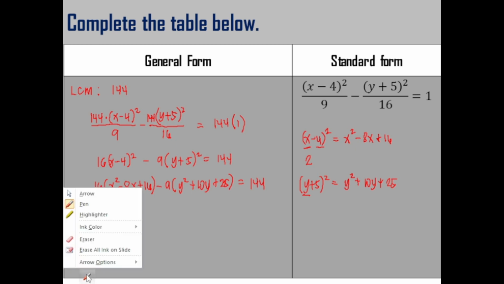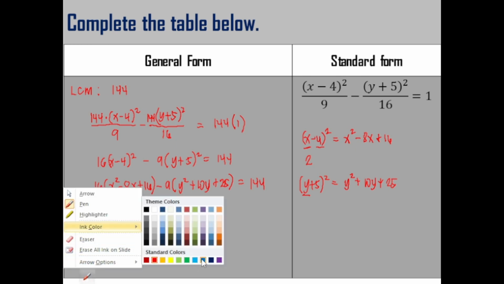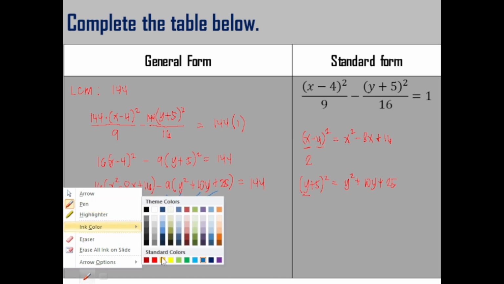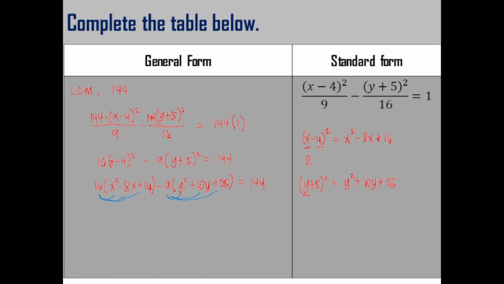Okay. Ang next po natin gagawin ay i-distribute itong 16 dito sa ating trinomial at yung ating 9. Okay. So ito yung magiging, 16 times x squared ay 16x squared. 16 times negative 8x, that is negative 128x.